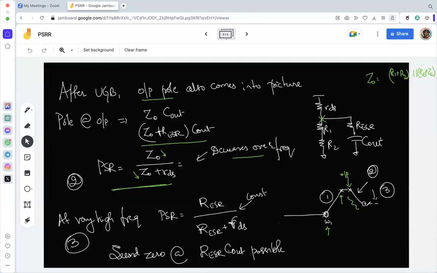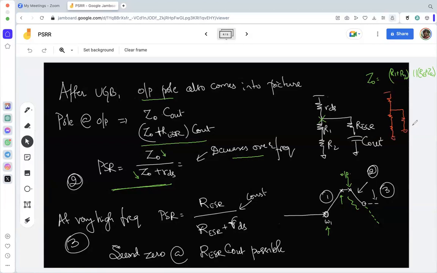Now, does it fall continuously? It may, if there is no RESR. If there is an RESR, at some point when the Cout effect becomes zero resistance, Cout gets shorted at high frequency, right? So if Cout becomes zero, then effectively the circuit you have will be RDS, R1, R2, and RESR.